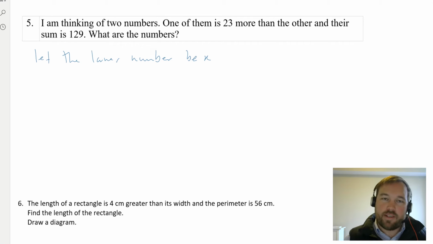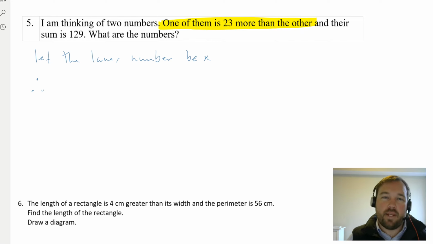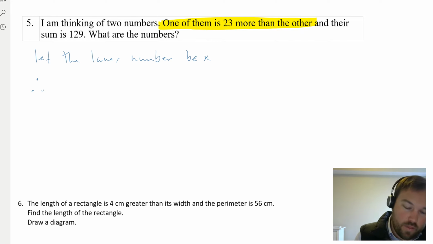Let the lower number be x. Excuse my handwriting. Therefore, if we're told this line here, that means that one number is 23 more than the other. Therefore, the second number is x plus 23.